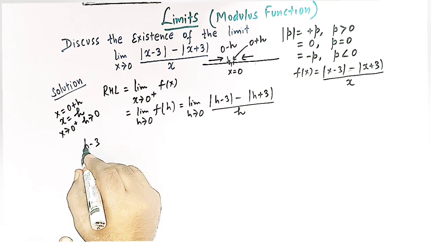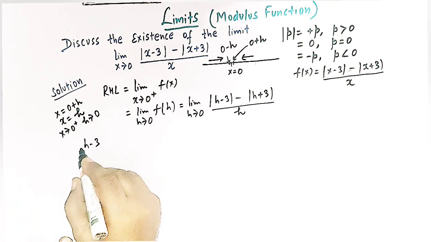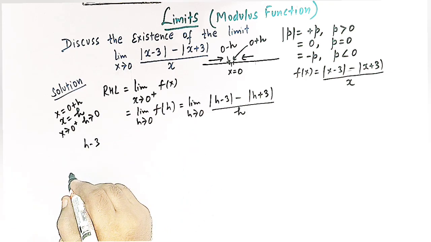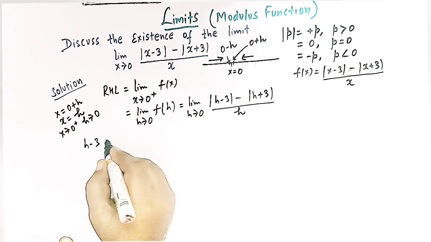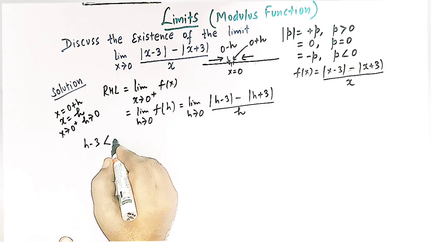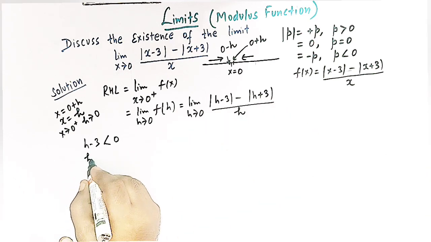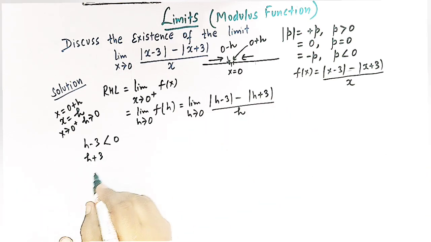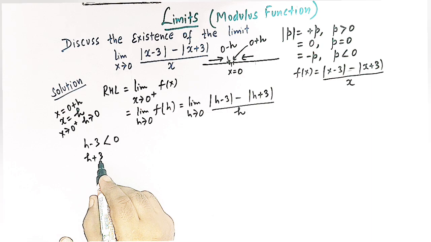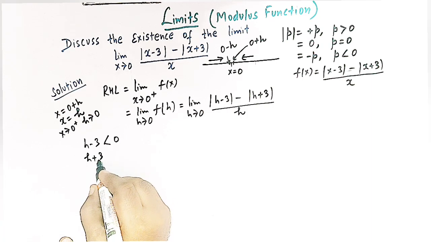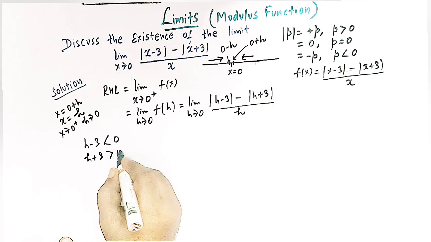Now since h lies between 0 and 1 and h is infinitesimally very small, so h minus 3 is going to be less than 0, right? And h plus 3. Now see, h is a positive quantity and 3 is also a positive quantity. So h plus 3 should be greater than 0.